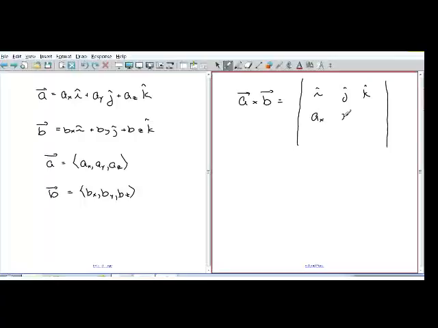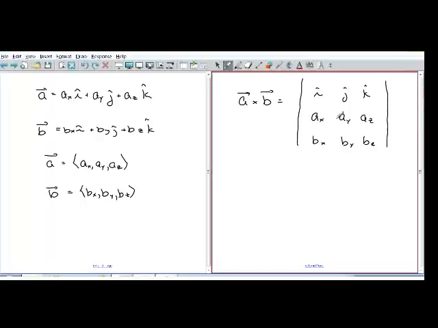And then you have A sub x, A sub y, A sub z. So it's kind of like a matrix, but it's not really a matrix. They're just using this thing that people are used to using to represent how you come up with a cross product.